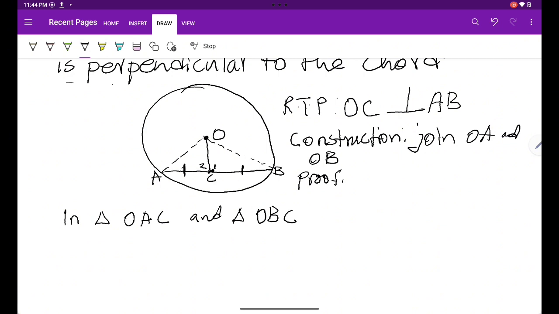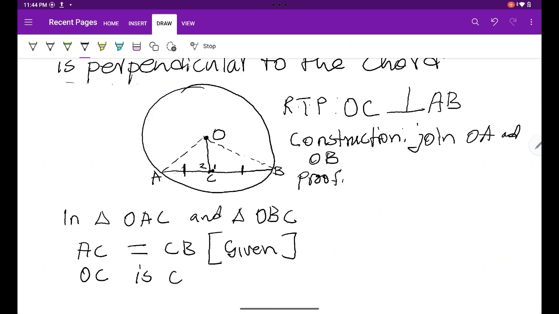It can be angles, it can be sides, but the most obvious things are, if we look at side AC is the same as side CB. We must give a reason, but this one is given, it is part of the given information. Remember, they told us that this is the midpoint and it's even indicated. And we also have OC for this triangle and OC for that one, so we can just say OC is common.